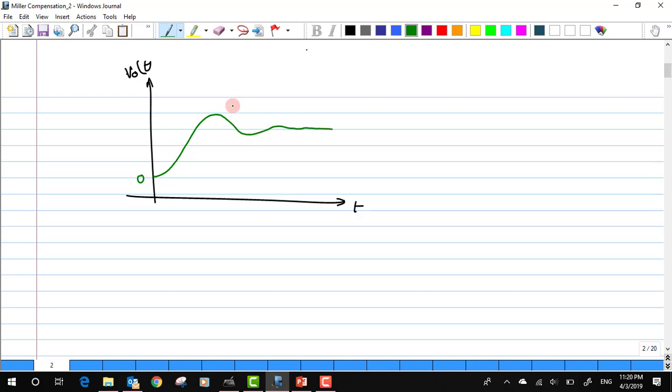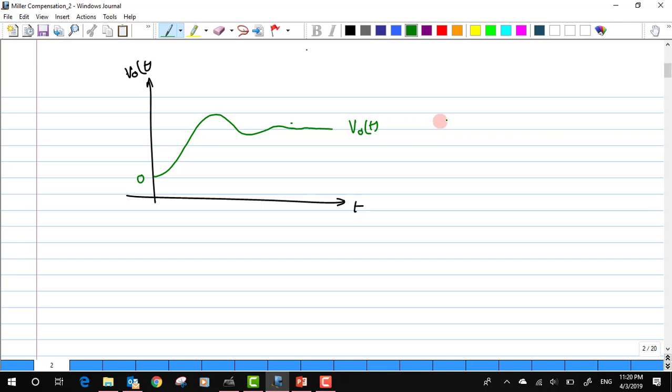As you can see, there is an exponential as well as a decaying factor that both combine to produce the response at the output of a second order LTI system where there is no zero in it. So now I am going to label the step response V naught of t.